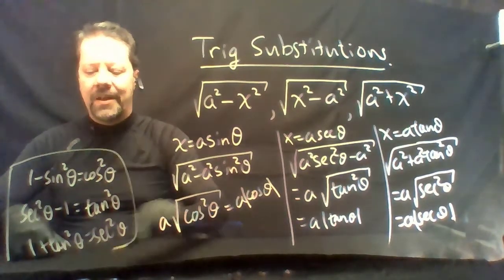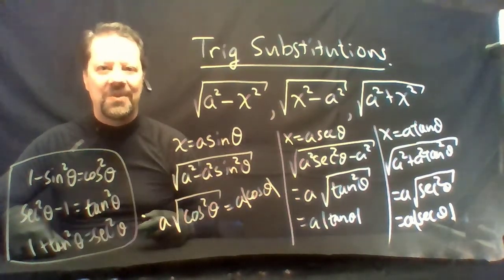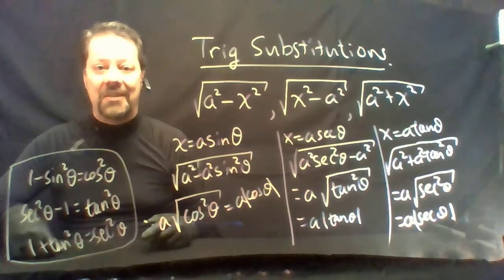These are the identities we're going to use, these Pythagorean identities, in order to get rid of the square roots. Now let's see how this works out in practice.